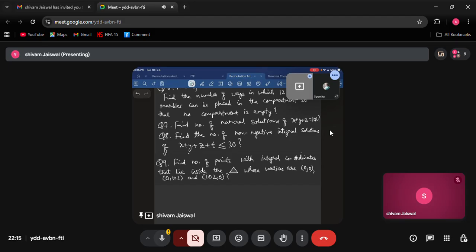So Memel, I'm solving number 7. We need to find out the number of natural solutions. So, what is the problem? Number 7, it is a direct question.